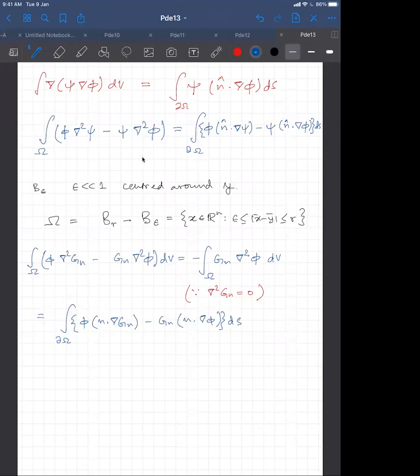Now we are going to split this up. There are two boundaries, one is at SR and one is at epsilon. So let's split this up.